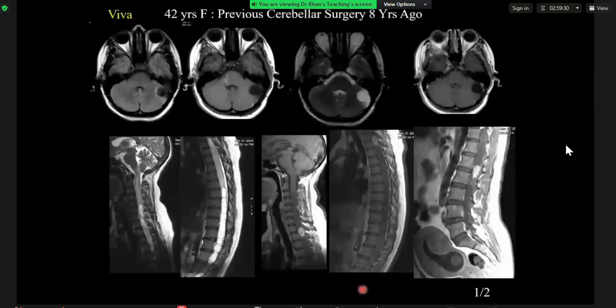So my understanding of this presentation is the patient may have had a surgery for an intracranial tumor, and now we may be dealing with some... There's also, I forgot to mention, a kind of leptomeningeal nodular enhancement at the level of C5 on the posterior thecal sac. So we may be dealing with an intramedullary tumor as well as leptomeningeal seeding from a previous tumor which was resected.